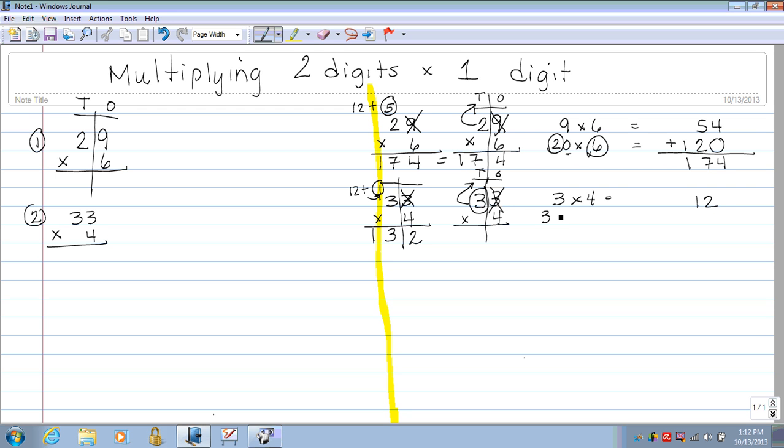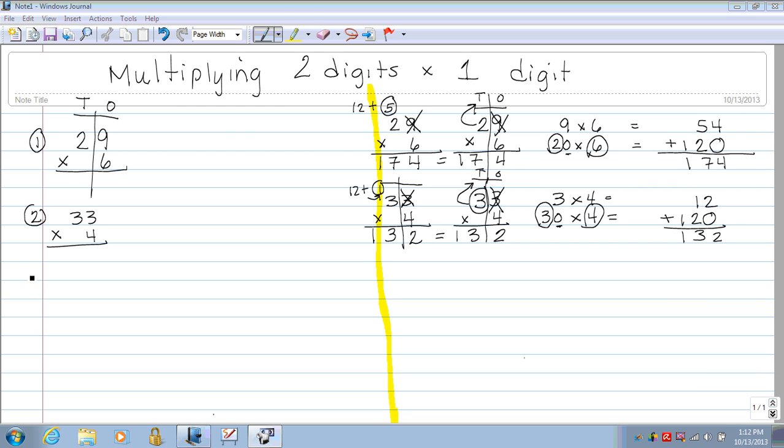And 3 tens is 30. 30 times 4. And we remember from last lesson, 3 times 4 is 12. And then I place the 0, so it's 120. And if I add those two numbers together, my answer is 132. Push pause to write your notes.